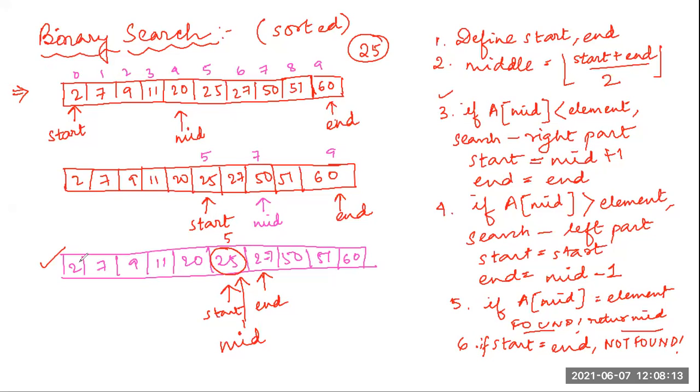If it is pointing at the same element, then we know we are not left with any other element. That is the last element. And if we have come to that last element and still haven't got any match, this means that the element is not present in my array.